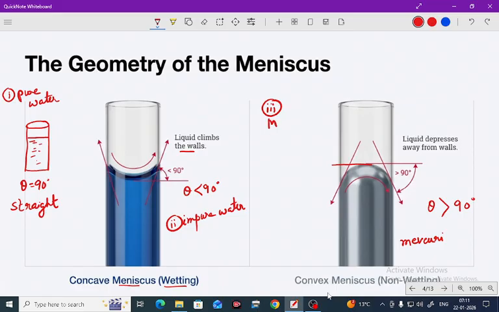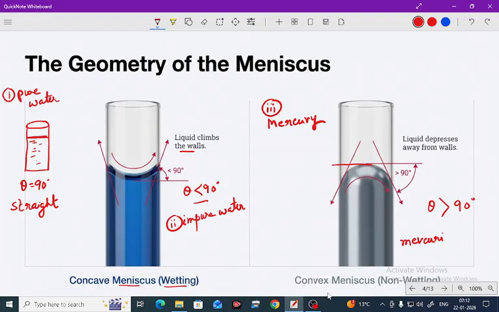So these are the behavior of meniscus. In case of pure water, there is no meniscus. The surface of the water will be straight and theta equal to 90 degree. In the case of impure water, theta is less than 90 degree. And in case of mercury, theta is always greater than 90 degree.